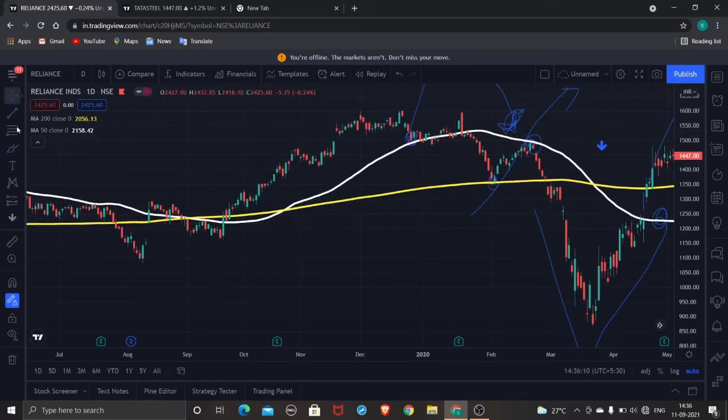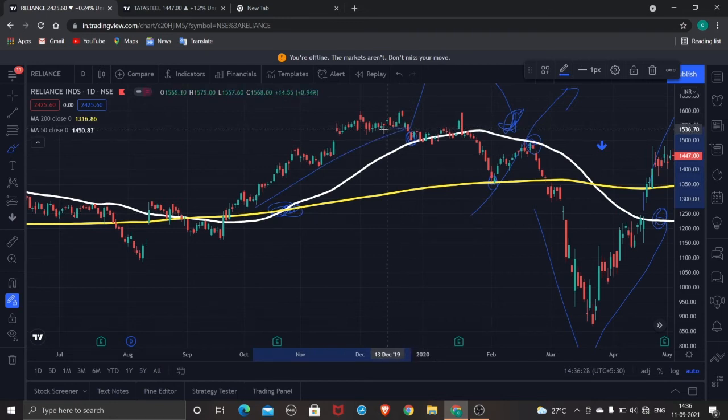The intersection setup here is bullish. The price should increase because the 50 moving average is crossing the 200 moving average in an upward direction, and we can clearly see a rise in the price.